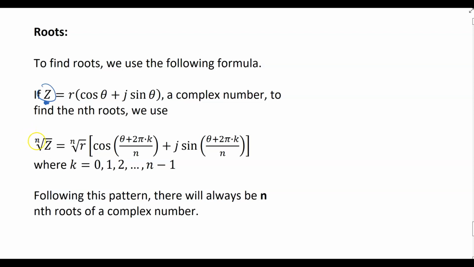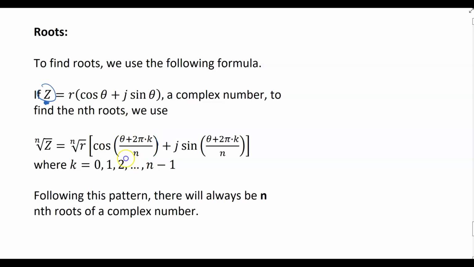The nth root of z would be found by finding the nth root of r, and then in the trigonometric form, the cosine of the angle theta plus 2 pi times k, all divided by n.